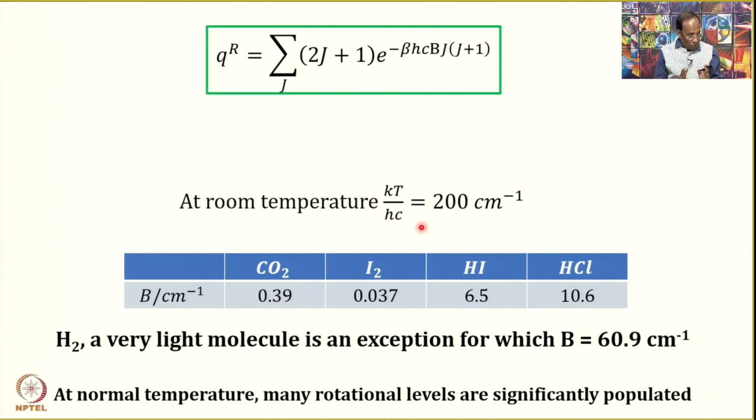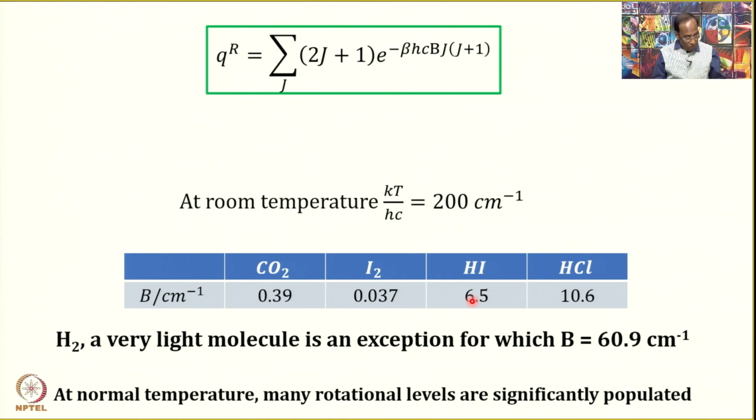Therefore, we can easily say that at normal temperature, many rotational levels are significantly populated, because if you compare kT by hc with the rotational constants, both in the same units of centimeter inverse, your rotational constant is very small compared to kT by hc of 200 centimeter inverse. That means you expect that even at room temperature, many rotational levels will be significantly populated.